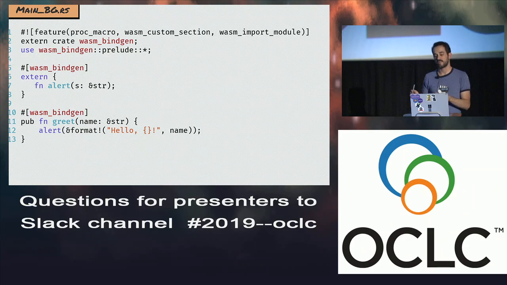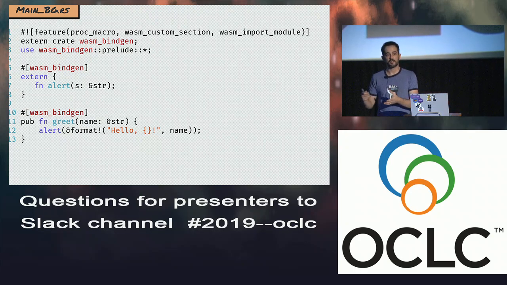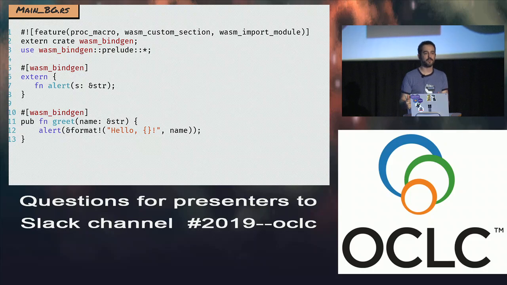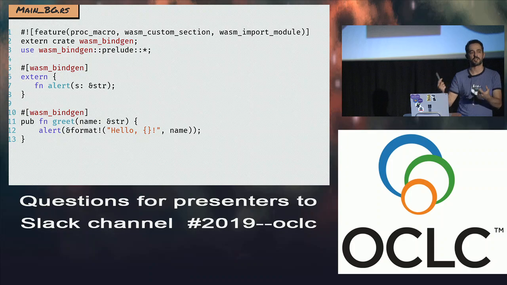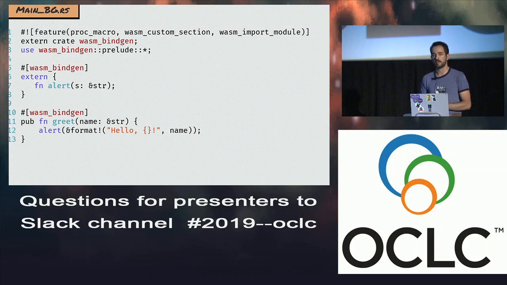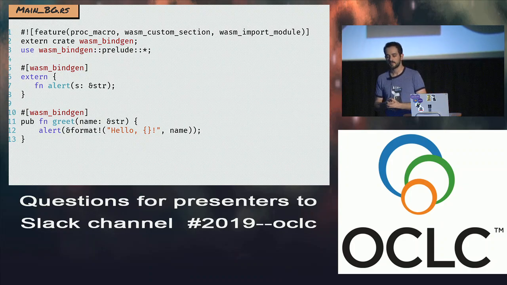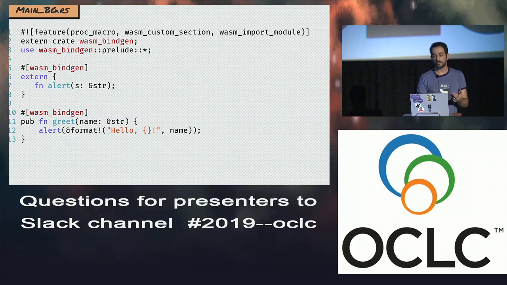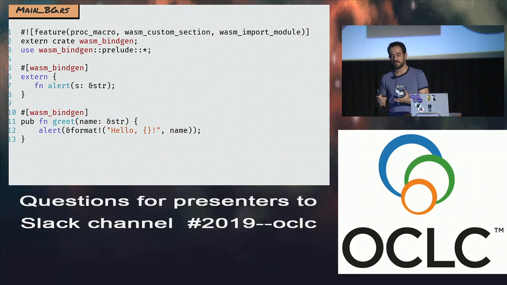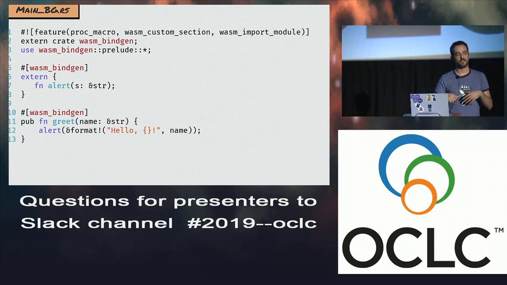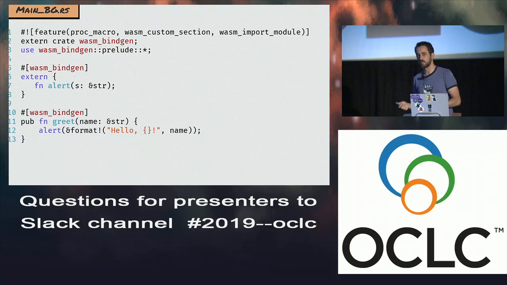Something really important is happening here. We're actually importing the alert function from the DOM into our Rust code. So we're going to be able to call the alert function on the browser from within our Rust code. On lines 11 and 12, we can set up a greet function that passes in a parameter to that alert. And we can then say hello plus the parameter that's set.